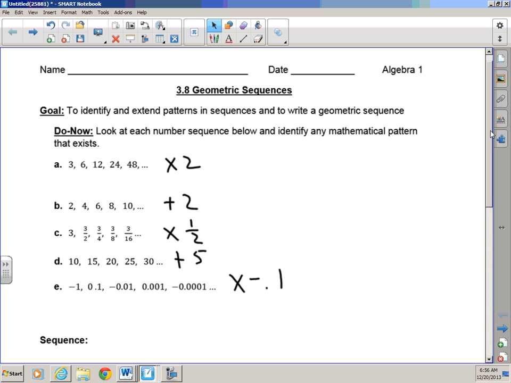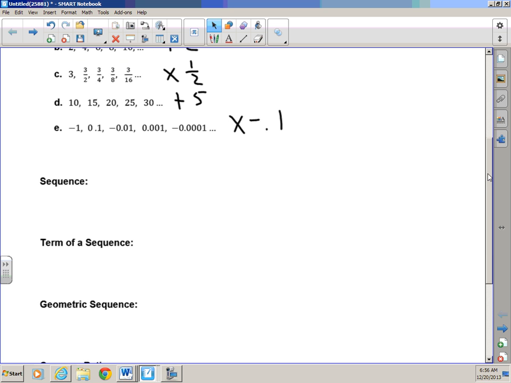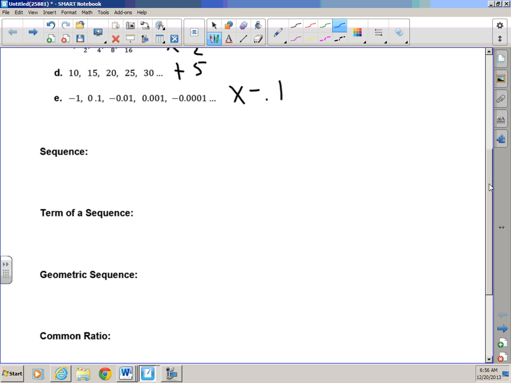Now, in a sequence, any sequence, what we define it as is a sequence is an ordered list of numbers that forms a pattern. Now, we've dealt with that before.